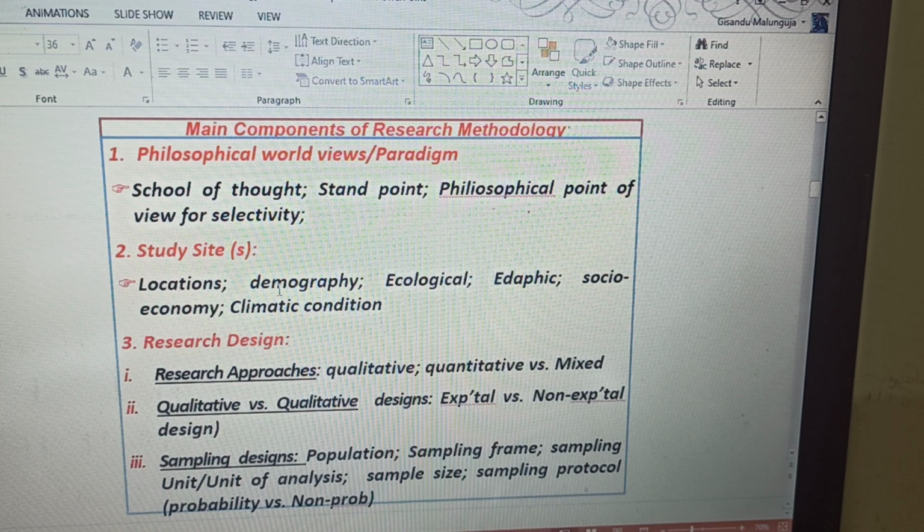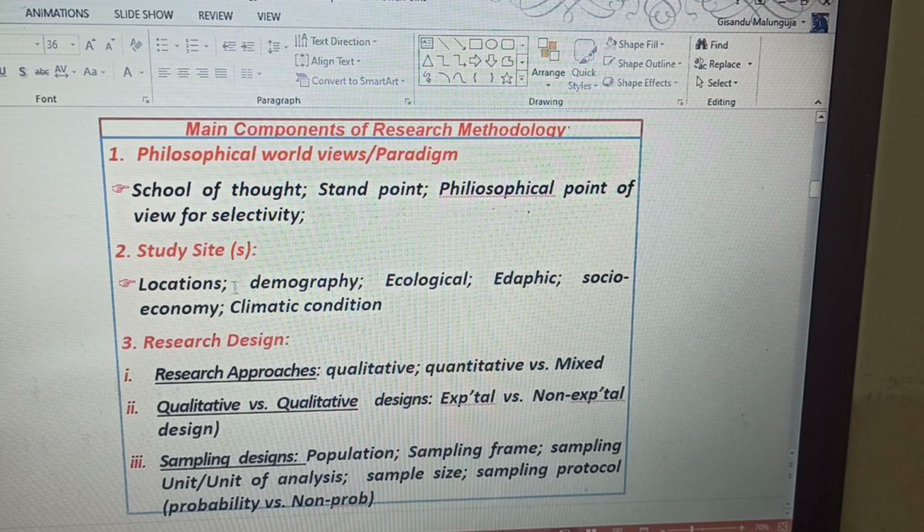He will speak about the demography, the population of that particular area, the ecological characteristics of the study sites, the edaphic characteristics, referring to the soil and other geomorphological characteristics, and socio-economic activities. Expect to see what the tribes are, the social activities, and the economic-related activities in that particular area. What could be the climatic condition in that particular state? That will fall under the study sites. The detail of this will fall next.